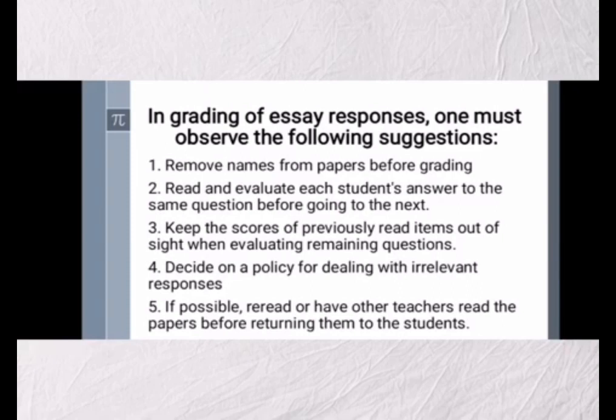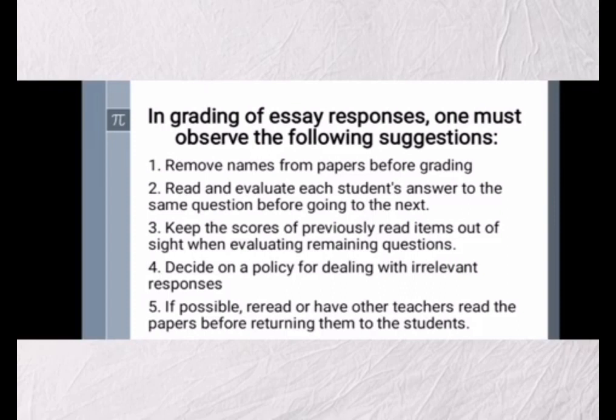Number one, remove names from papers before grading. Number two, read and evaluate each student's answer to the same question before going to the next. Number three, keep the scores of previously read items out of sight when evaluating remaining questions. Number four, decide on a policy for dealing with irrelevant responses.